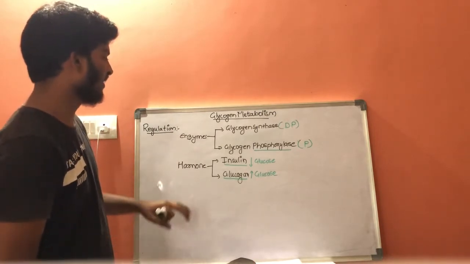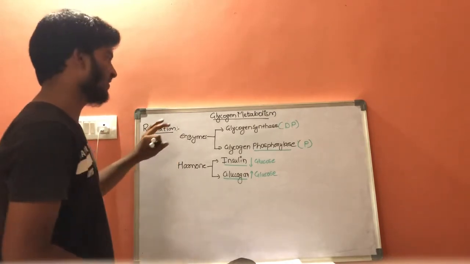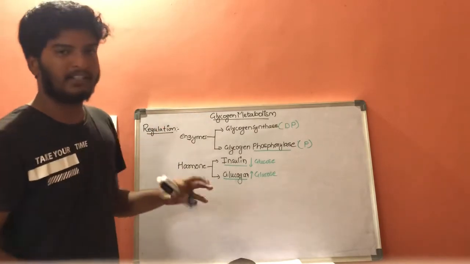The regulation of glycogen can be done by three methods.